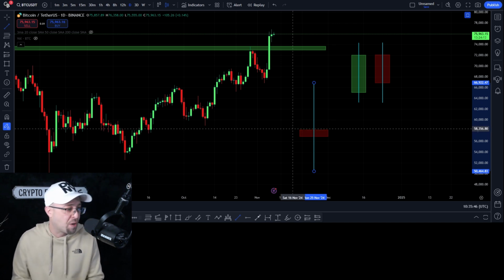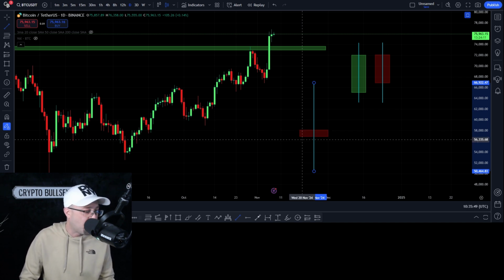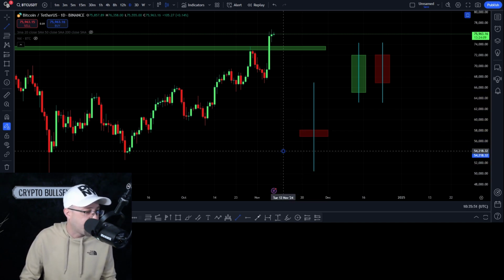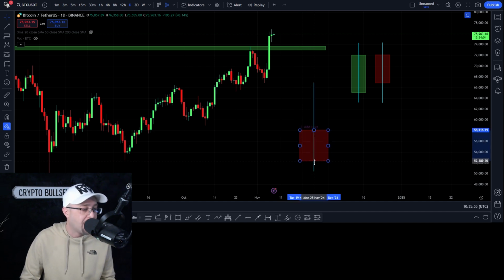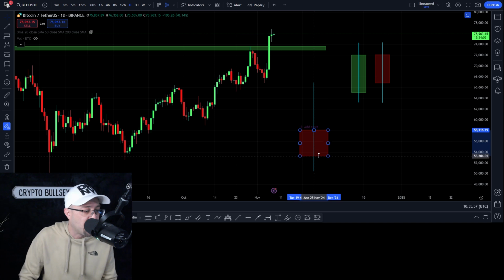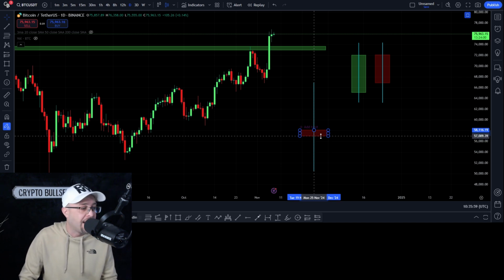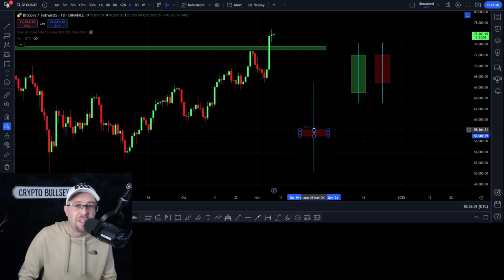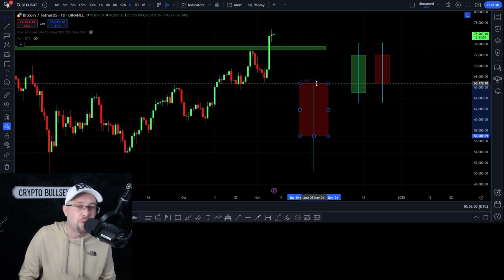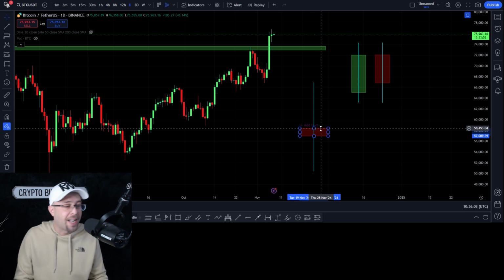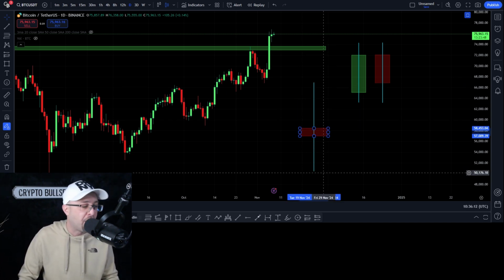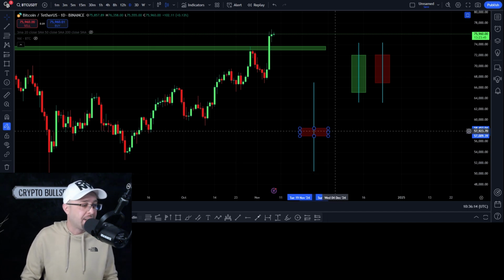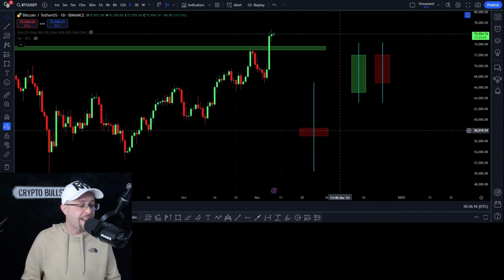That means that the bears have got control, although at some point during this session, the bears have pushed price action all the way back down there, and then the bulls have managed to push price action all the way back, causing indecision, and then exactly the same in reverse. The bulls have managed to push price all the way to the extreme during the session, and then the bears have pushed price back down. So you've got sell orders, sell orders, sell orders, pushing price into the middle, and you've got buy orders, buy orders, buy orders, pushing price into the middle. That's creating indecision. That's creating your doji candle.